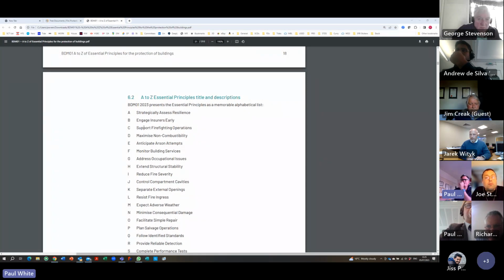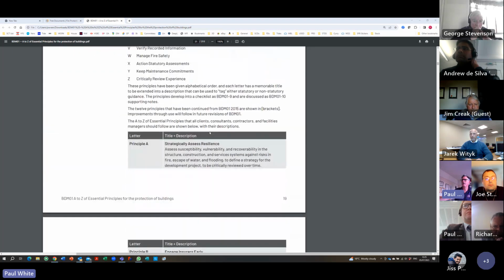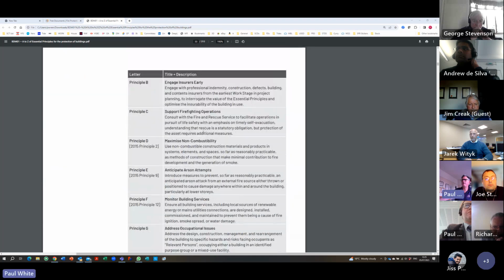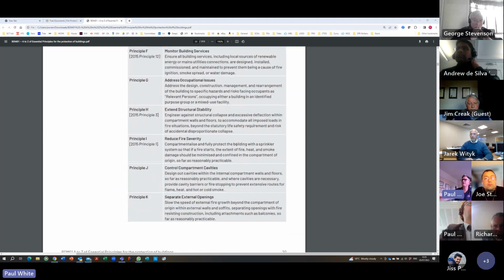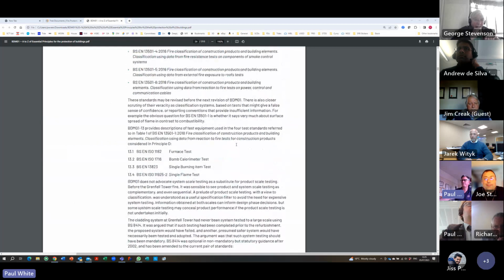And of course, the one that comes in here to me is support firefighting operations, which is an interesting way of putting it because it tends to get ignored. And then it gives you a very general consult with the fire and rescue service to do this, that, and the other, but it might require additional measures. And then just bear with me because this is a huge document.